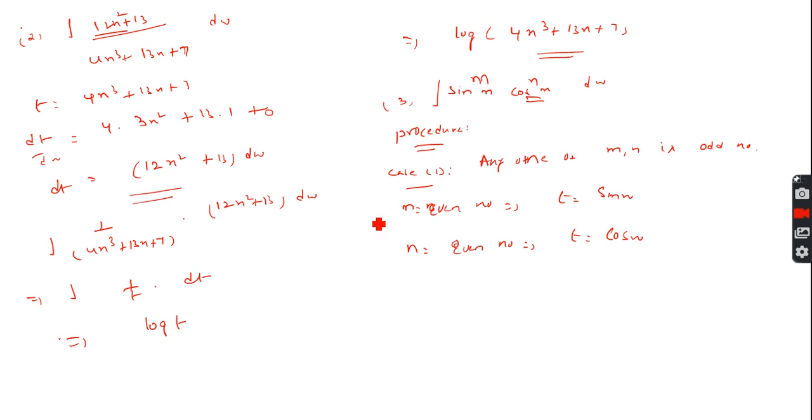So finally all terms will be converted. If n is an even number, all terms will be converted into the form of even t, that is a cos or sin.